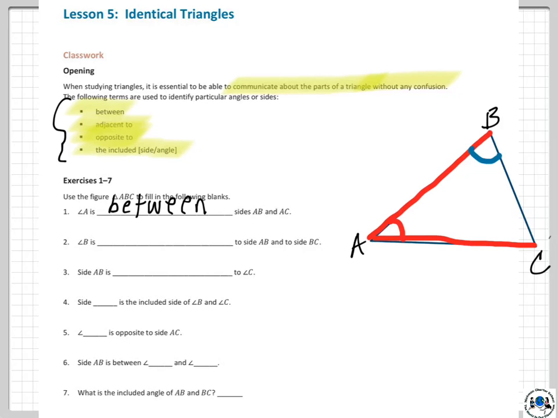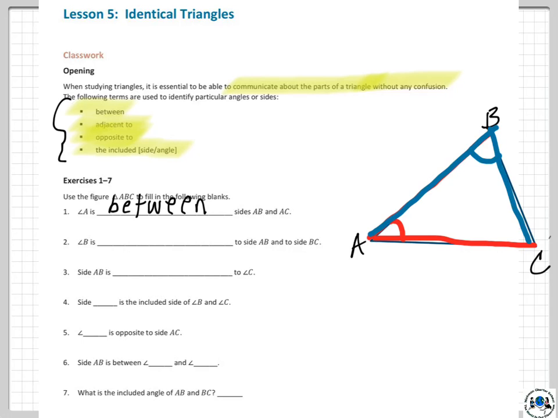Angle B is blank to side AB and side BC. Here's AB, and here's BC.